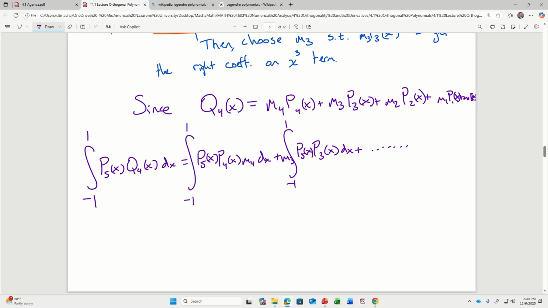Well, first you can take a constant out of an integral, and second, these Legendre polynomials are orthogonal to each other by definition, and so all of these inner products are 0. So I've got 0 plus 0 plus 0 plus dot dot dot, and that's orthogonal.